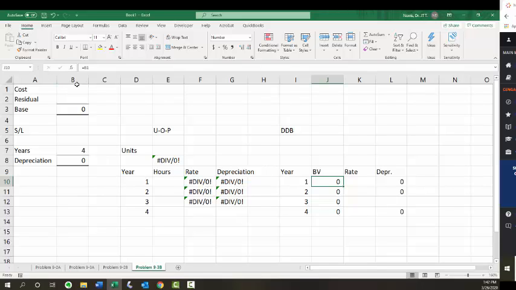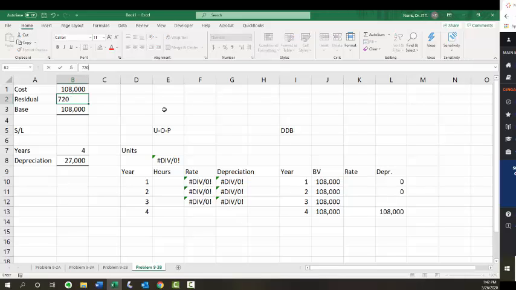So we have $108,000 as the cost of this tool sharpening equipment. Residual value of $7,200, leaving us with a depreciable base of $100,800. Divided by the 4 years, actually 3 years of life, it gives us 33,600.